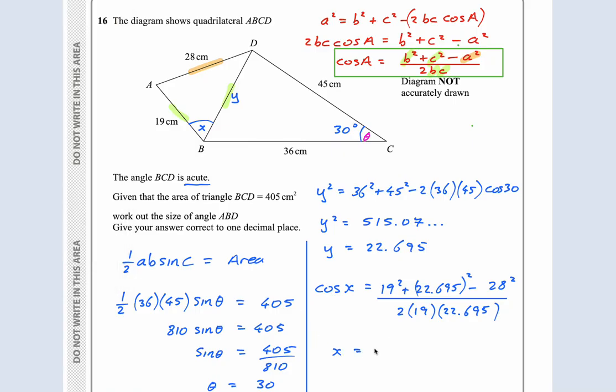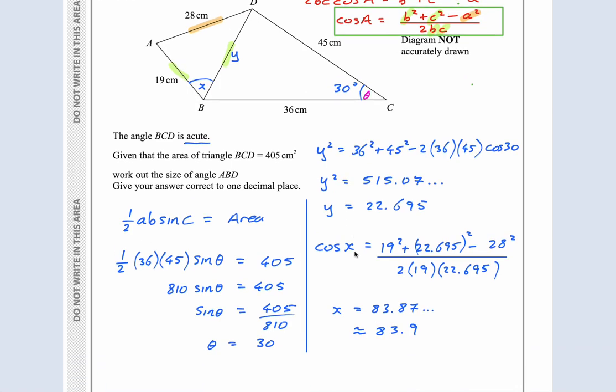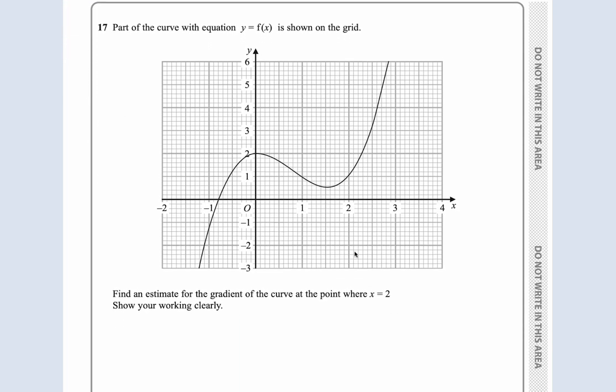So X is 83.87. I'll just go dot dot dot. He wants one decimal place, which is equal to 83.9, and that's correct. Okay, obviously, guys, a tricky question. Right, question 17.